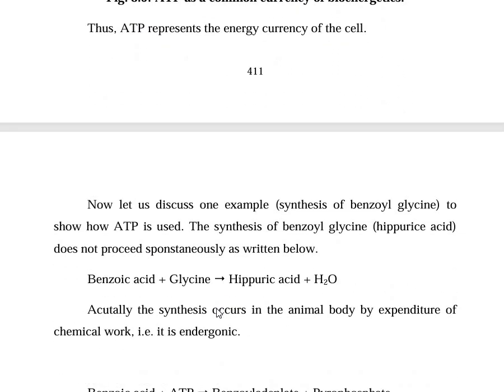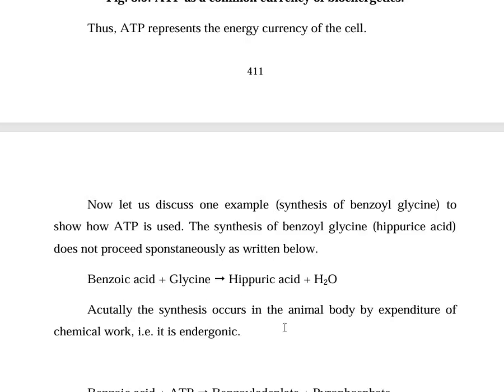Let us discuss one example, synthesis of benzoyl glycine. To show how ATP is used, the synthesis of benzoyl glycine, which we call hippuric acid, does not proceed spontaneously as written below. You have benzoic acid and glycine, which give hippuric acid and water.